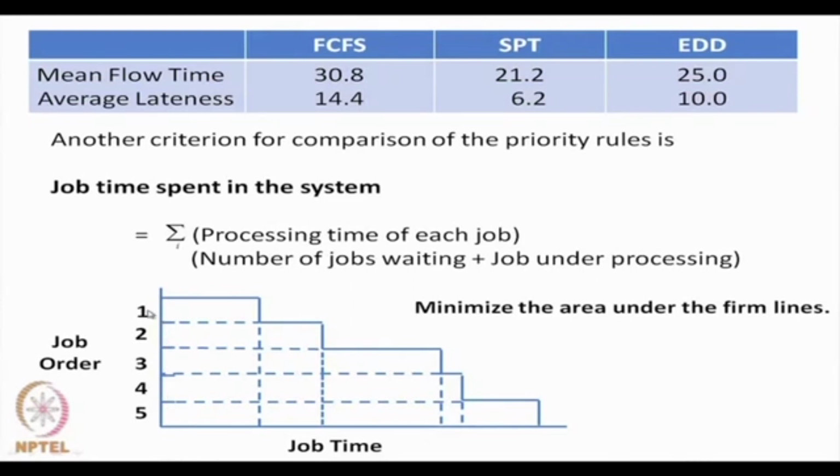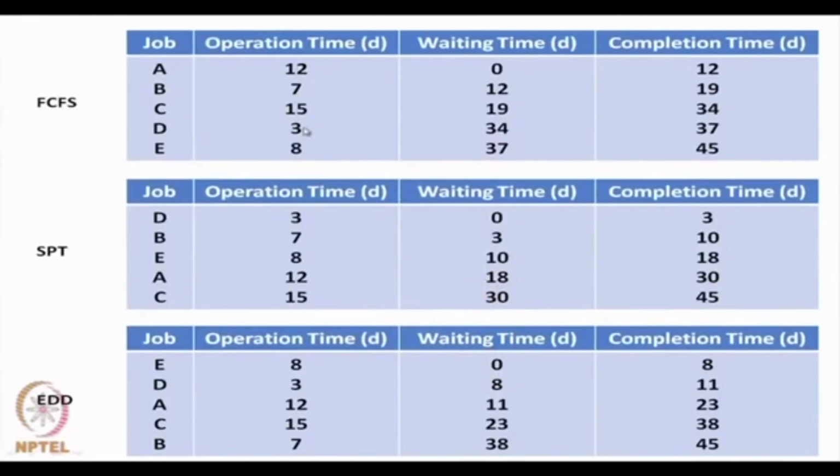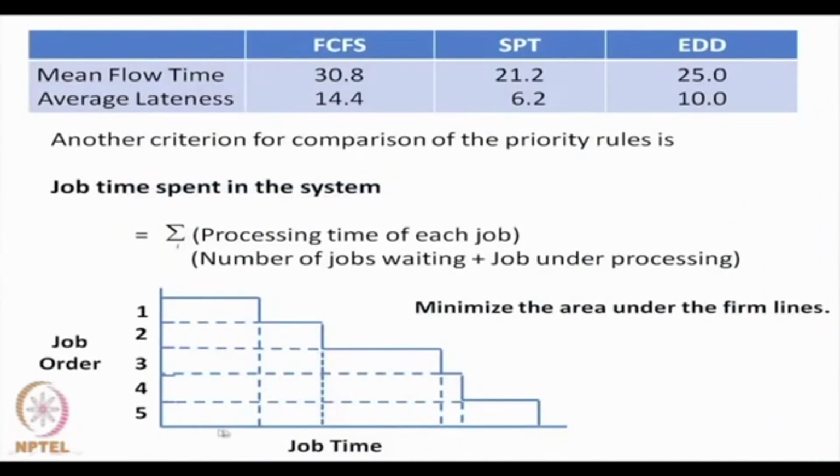It is 1, 2, 3, 4, 5. So, the y axis is the job order plotted from top down and the corresponding job time. So, job 1 is processed first and it takes 12, 7, 15, 3 and 8.